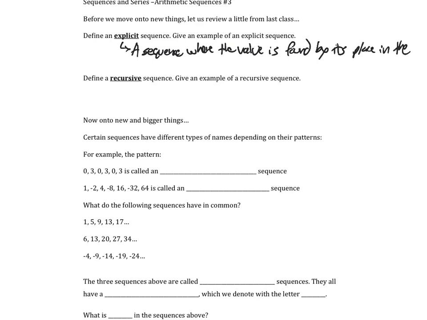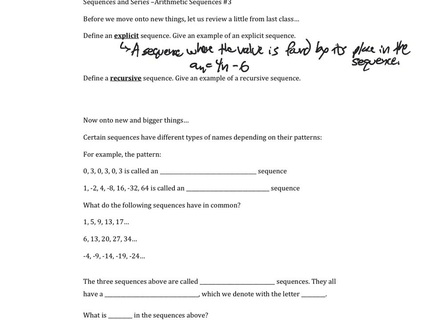So an example of that might be a sub n equals 4n minus 6. If you want to find the 10th term, you just plug in 10 for n and you have the 10th term, and that's really nice.